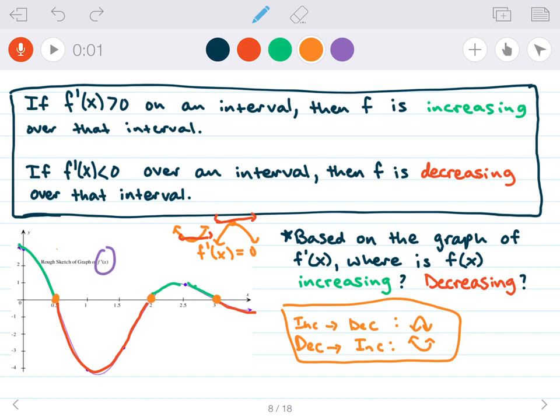So the first thing I'm going to do is I'm going to draw my little orange flat parts where the derivative is 0. Okay, so I'm going to draw my original function in the same plane as the derivative function. So I notice that at this point right here, I'm going from increasing to decreasing, okay?